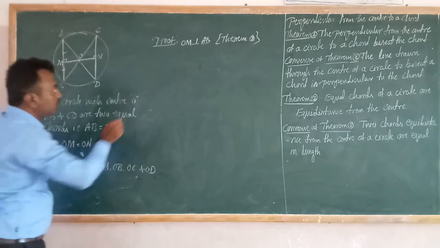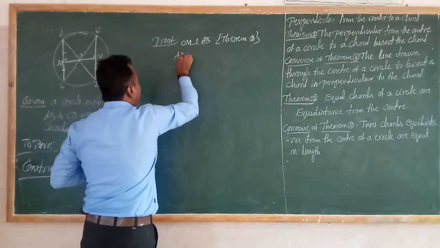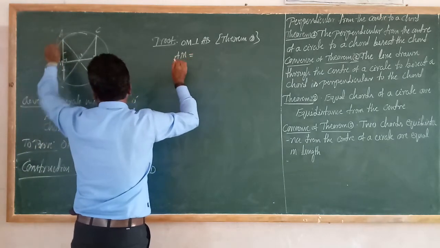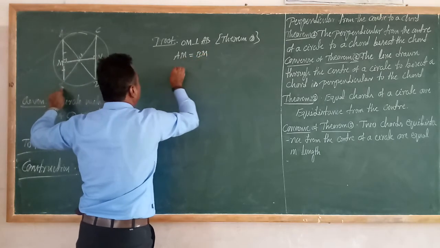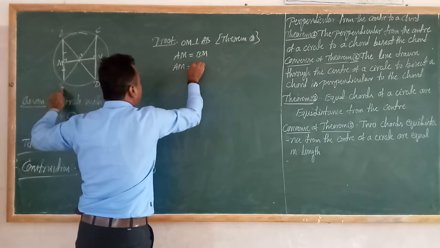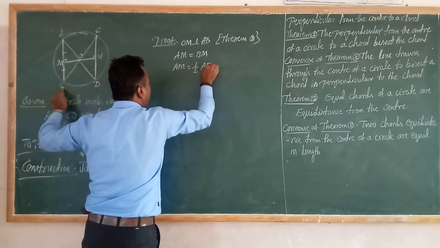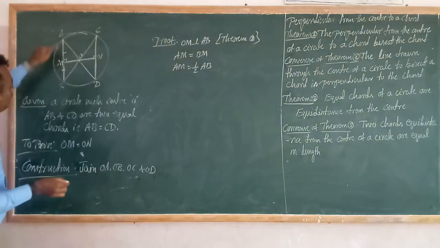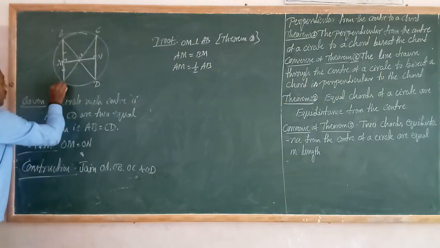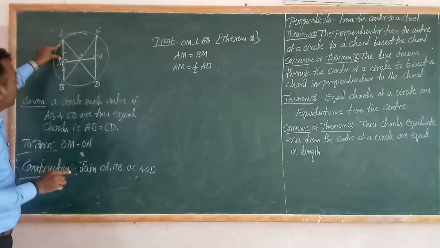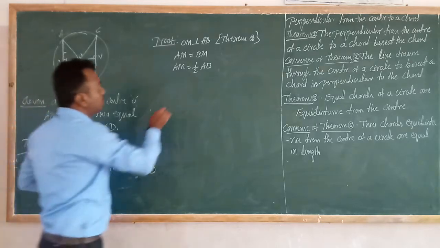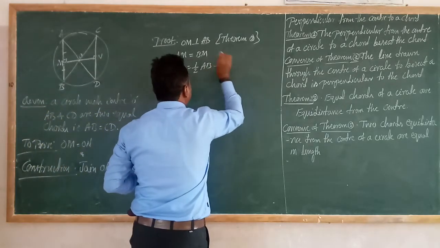Correct? AM is equal to BM. So can I write AM as half of the AB? Because AM and BM are both equal, that's why AM is equal to half of the AB. So call it as number 1.